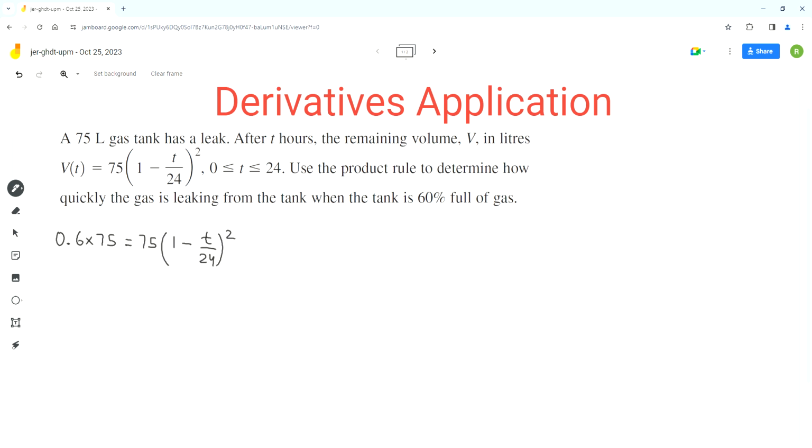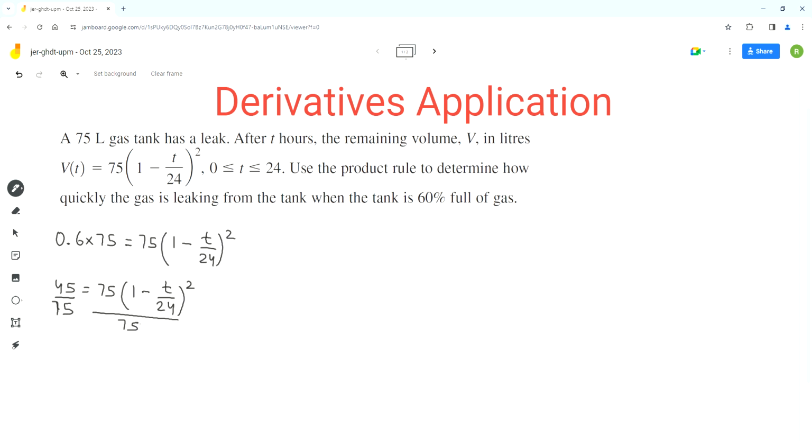So first let's simplify the left side. So 0.6 times 75 is equal to 45. So we get 45 equals 75 times (1 minus T over 24) squared. Now we can simplify this equation by dividing both sides by 75.